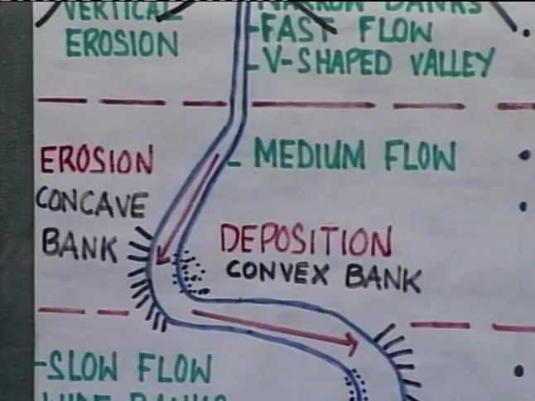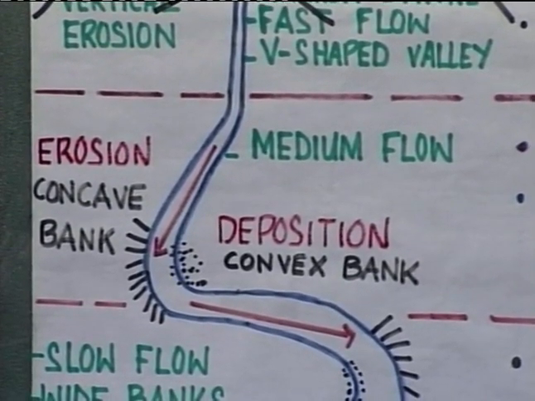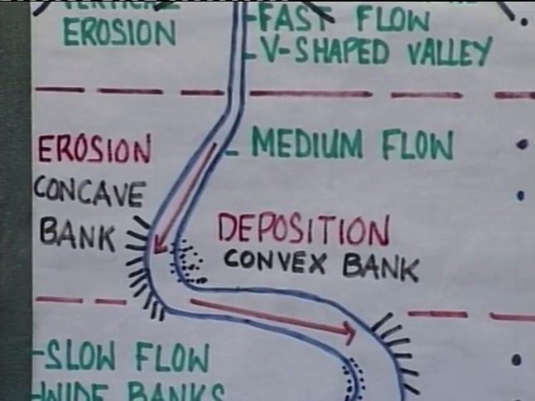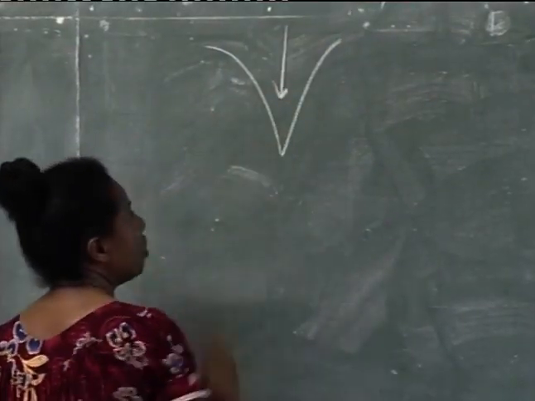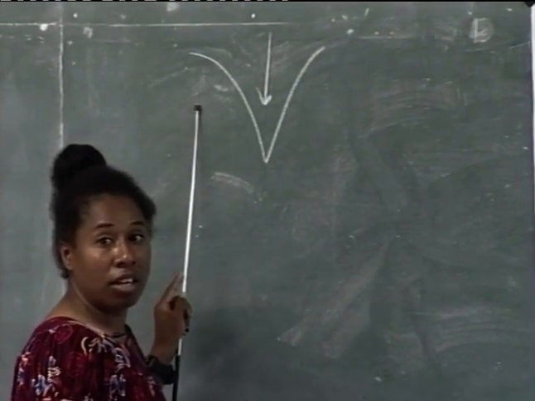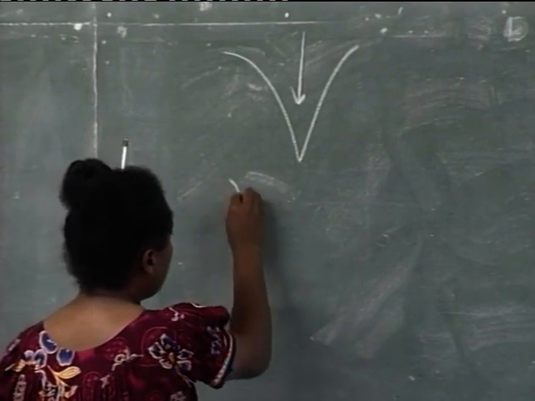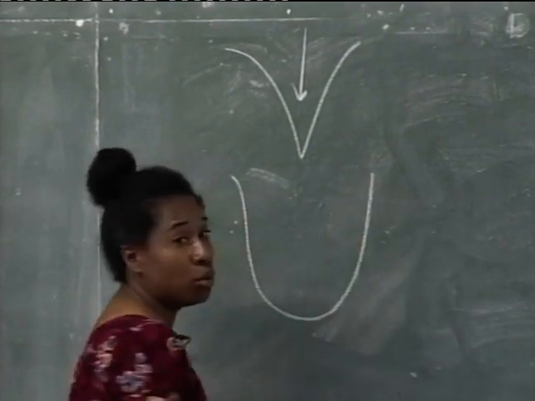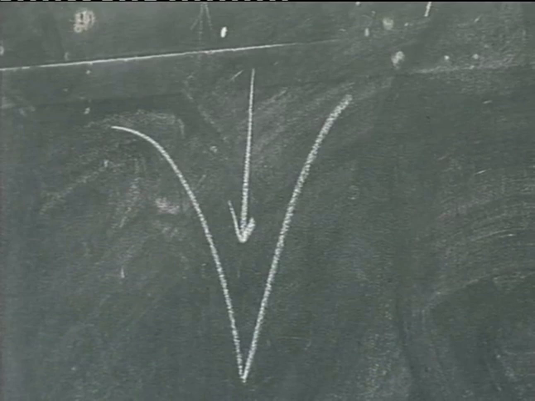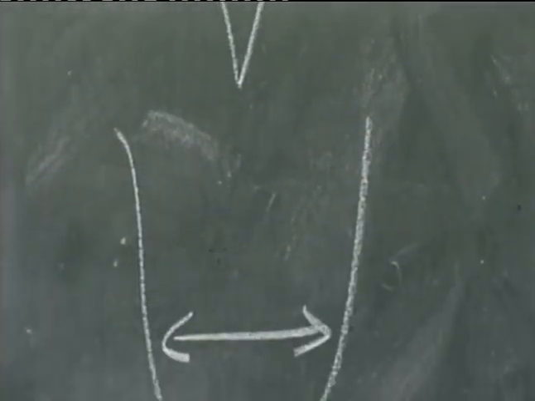So if we go now to our diagram, a quick illustration of that information on the board. In the first stage, we had the V-shaped valley, and the V-shaped valley was a result of vertical erosion. In the second stage, that V will now tend to a U-shape, and the U-shape is a result of lateral erosion.